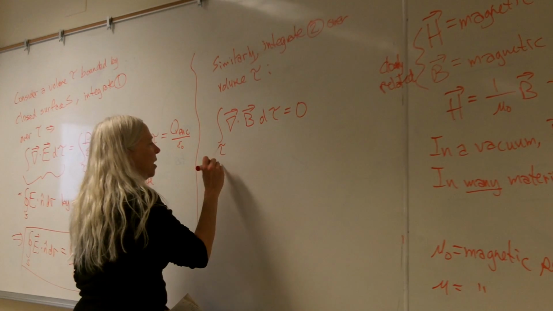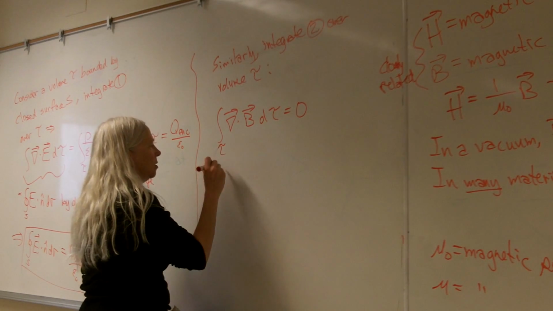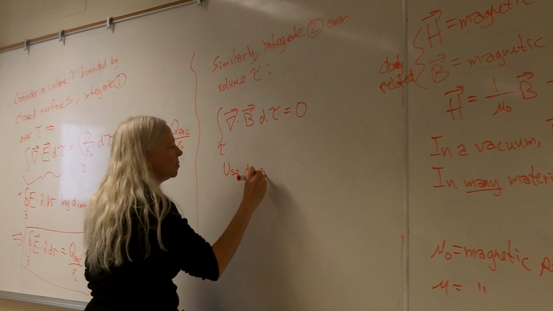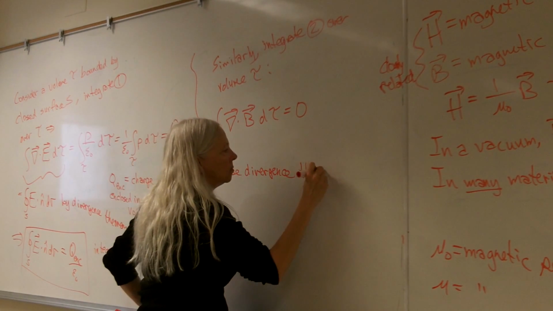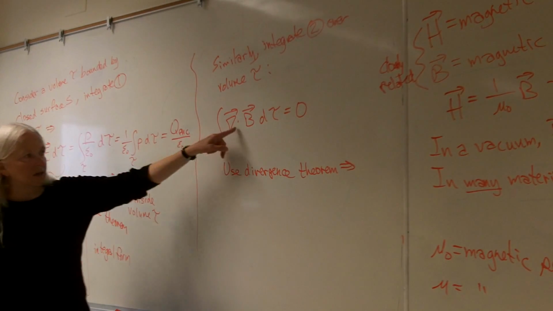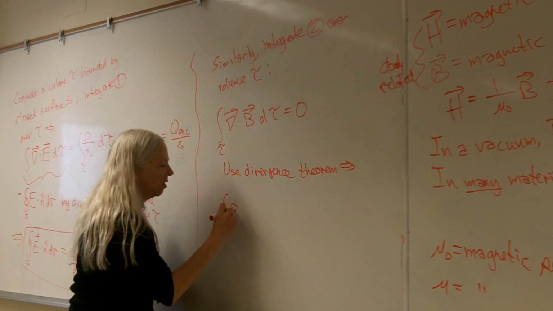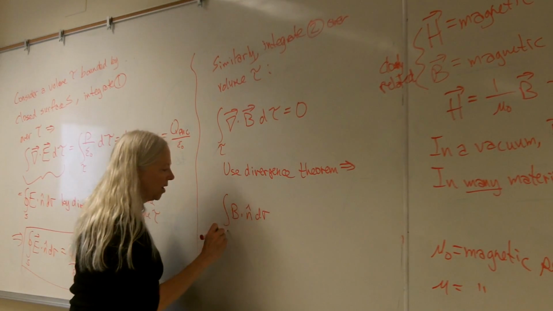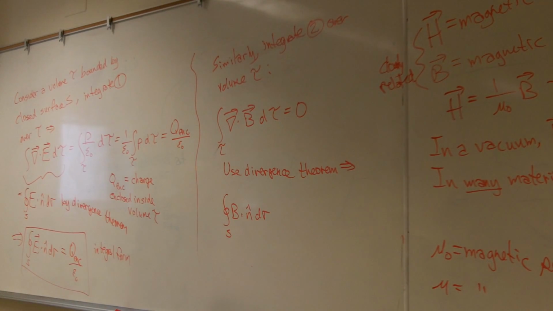Well, then, again, let's use the divergence theorem. The divergence theorem says that this integral here on the left-hand side can be replaced by the integral of B dot n hat d sigma integrated over the closed surface S that forms the boundary of tau.